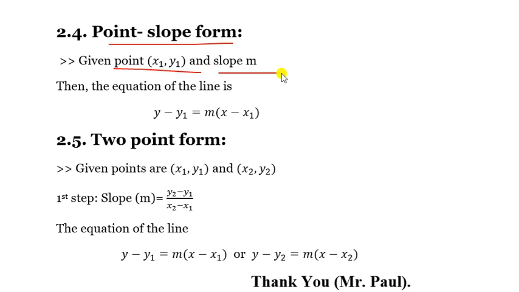With this, how do we find the equation of the line? Use y minus y1 equals m times (x minus x1).